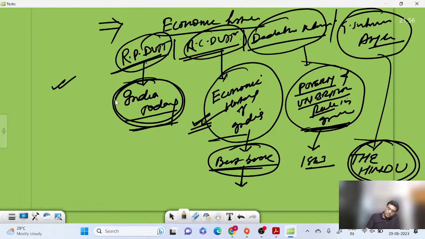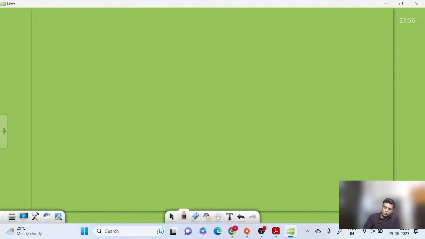But as far as India Today is concerned, R.P. Dutt divided the phase of colonialism into three parts. There are three stages of colonialism.